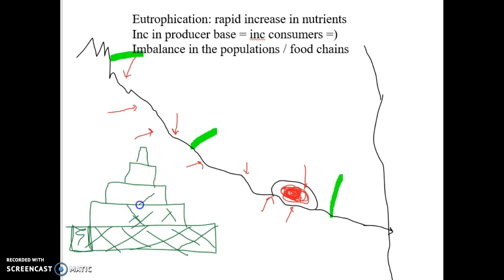So these all start crashing as well, and sometimes you lose top level carnivores in your pond because your producer base got wiped out. So you don't want an explosion of your producer base during eutrophication. That rapid increase is not healthy for the ecosystem.